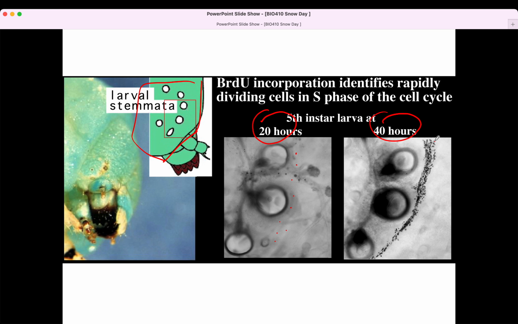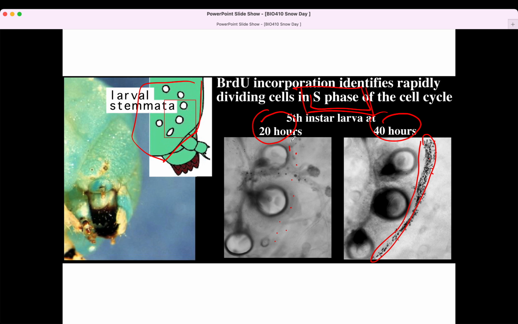Each of these dots is actually the nucleus of a cell in this stripe. The cells are stained with this antibody, and it shows that they are either, in this case, in S phase, because we use the BrdU labeling, or in M phase.